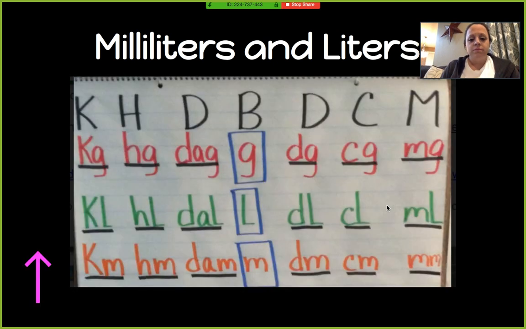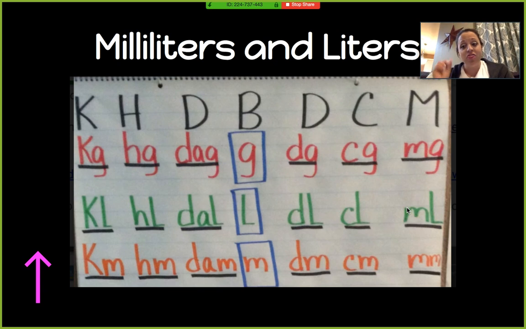Okay, so it would be 1,000. And the reason it would be 1,000 is we know it's 1.0 liters. I'm moving that decimal point 1, 2, 3 places to the right because we know milli means 1,000 and there's 1,000 milliliters in 1 liter.